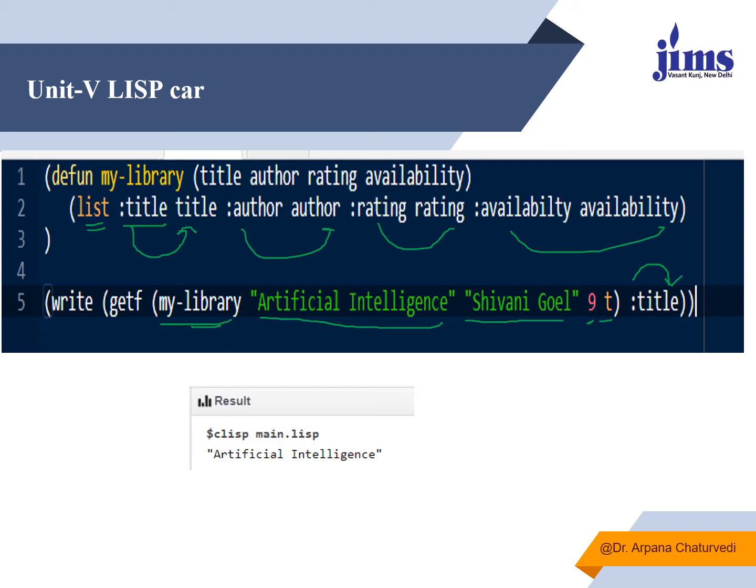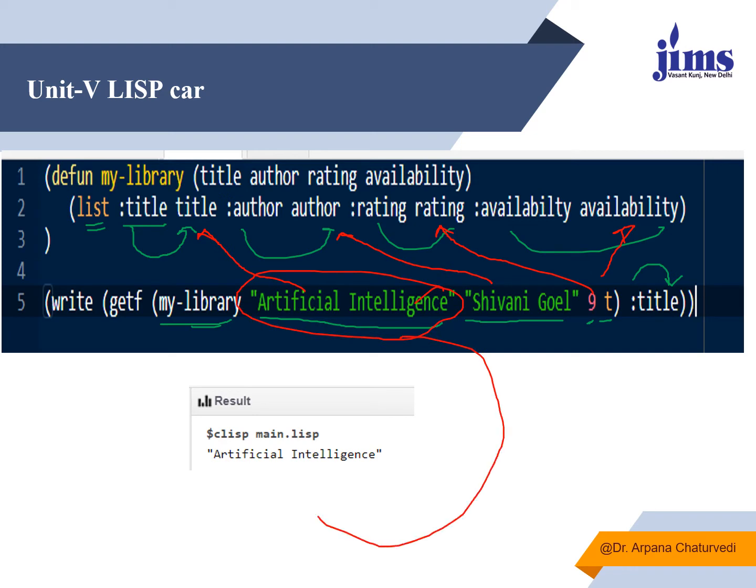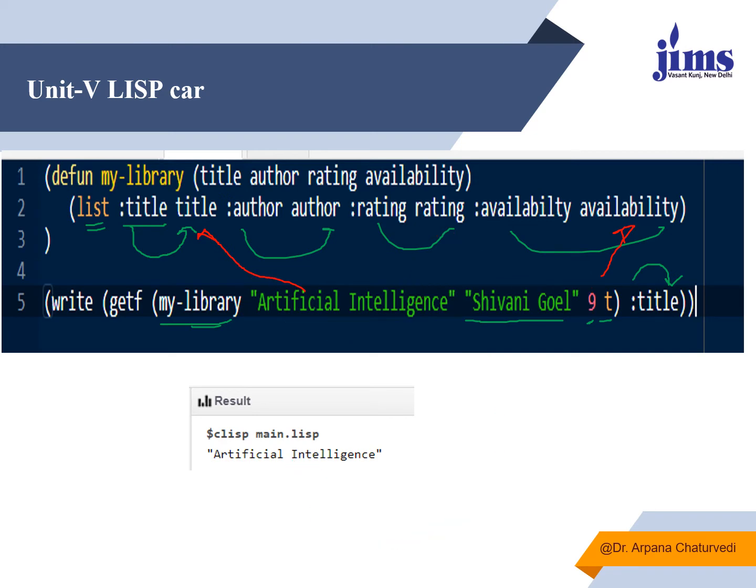So artificial intelligence is initialized to title, Shivani Goyal is the author, rating is 9, and availability is true. As I am printing title, this title contains artificial intelligence, that's why the output is artificial intelligence. So this is how lists can also be used. This is an example of a list in a function.